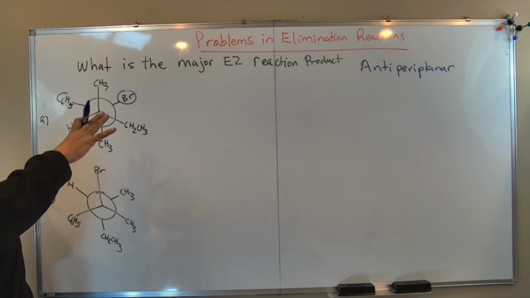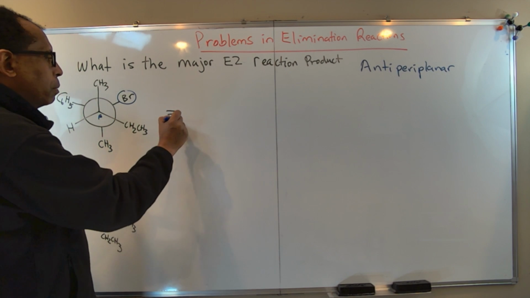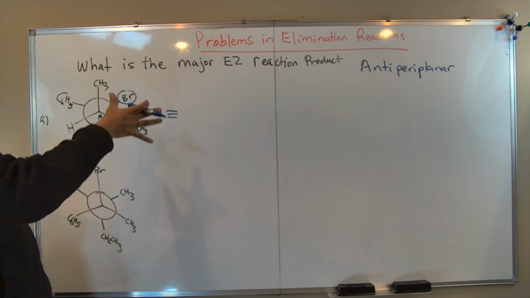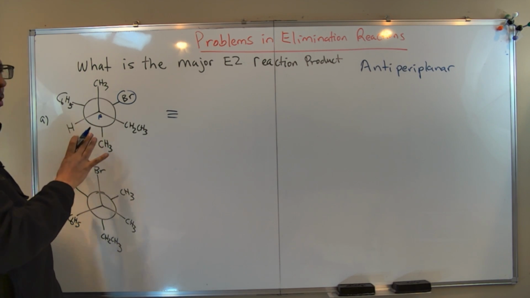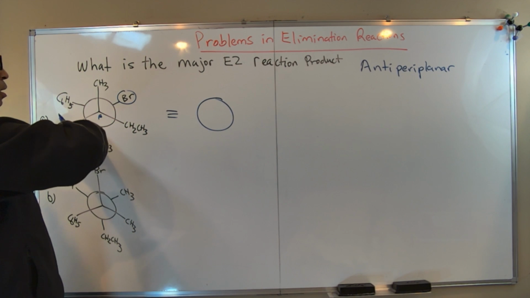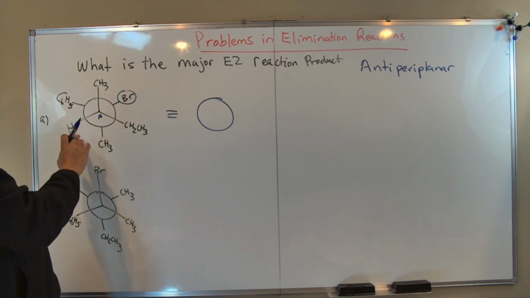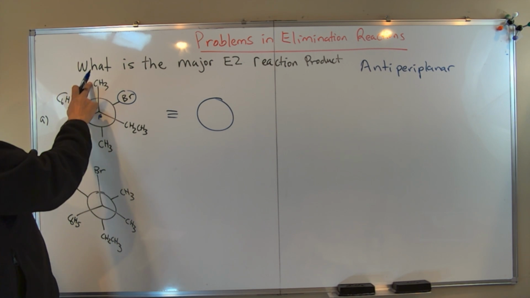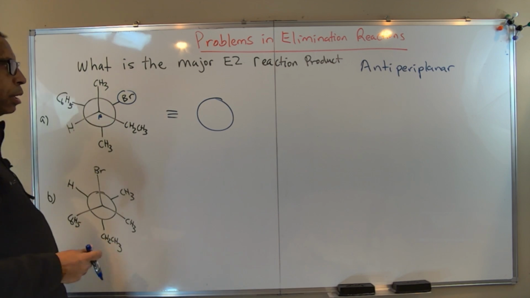To make sure that you really could see it very clearly, I could redraw it by rotating this 120 degrees, and it would be the same molecule. If I bring this here and bromine here, they will be anti-periplanar.